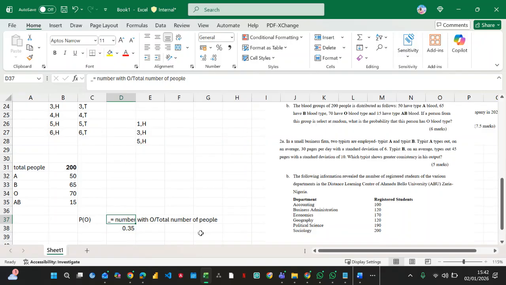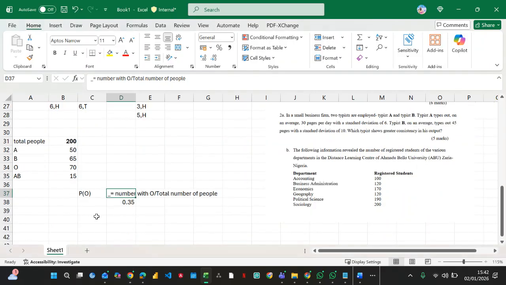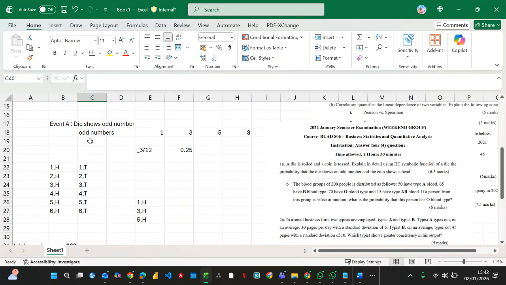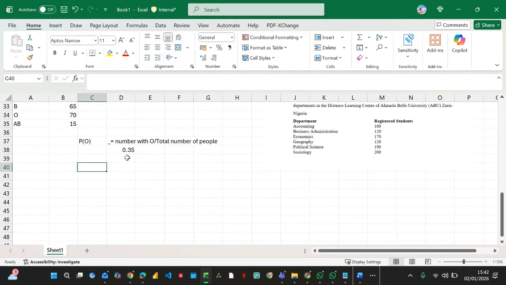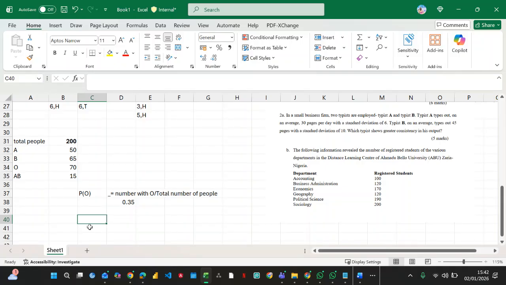So the next thing you need to do is equals to, what's the answer? We now have 70 divided by 200, and that is your answer, 0.35. You're done. That's all. Is this not simple enough? That was like a bonus question for you.